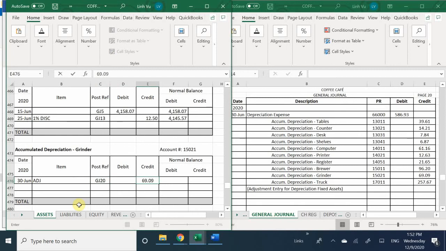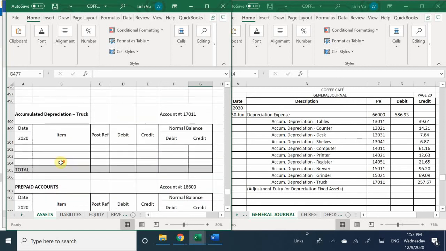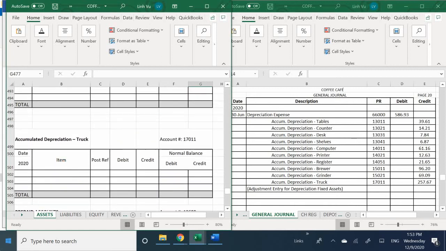And the truck. Accumulated depreciation truck. And that one was $257.67. Good.